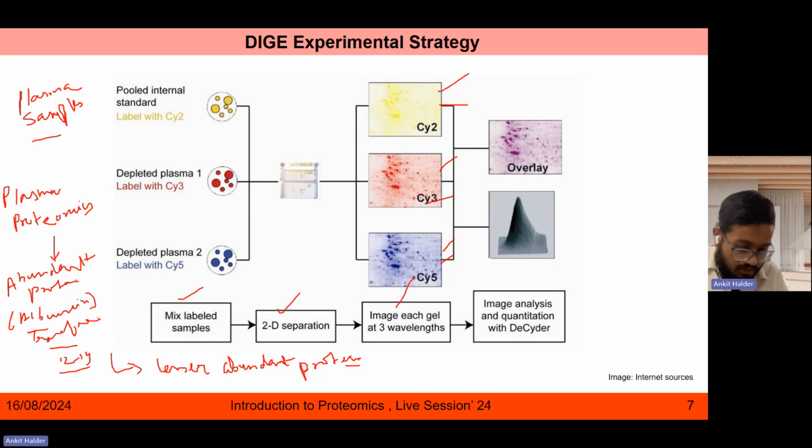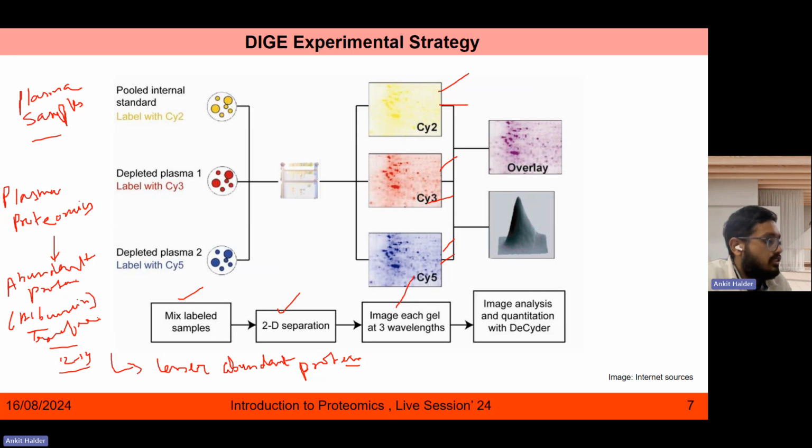So we know that the dyes are labeled to these three different groups. One will be going with the Cy5, one with the Cy3, one with the Cy2.